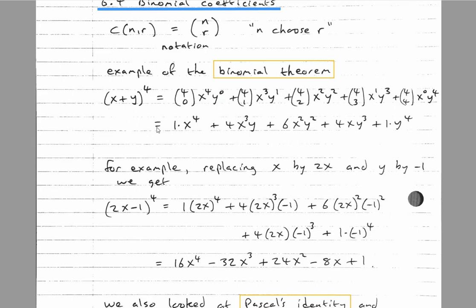That's the basic formula. More complicated versions have, say, the x replaced by something, the y replaced by something. So then this will get more complicated. For example, replacing the x by 2x and the y by a number, -1. So now we're working out the fourth power of 2x minus 1.